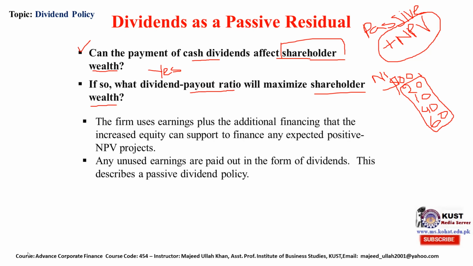First of all, the firm uses earnings plus additional financing that increases equity to finance the expected positive NPV projects. Means the company invests in positive NPV projects, where the financing comes from.